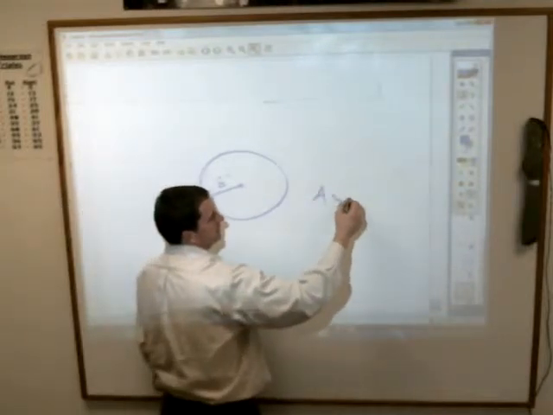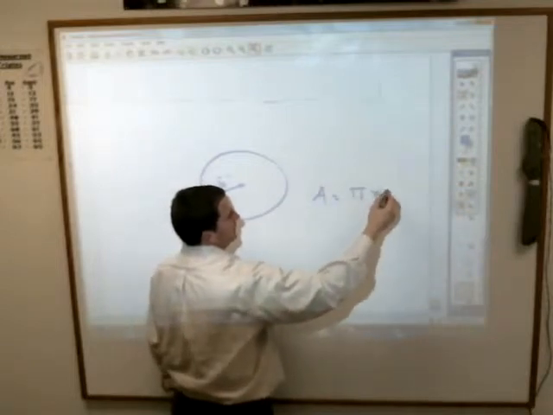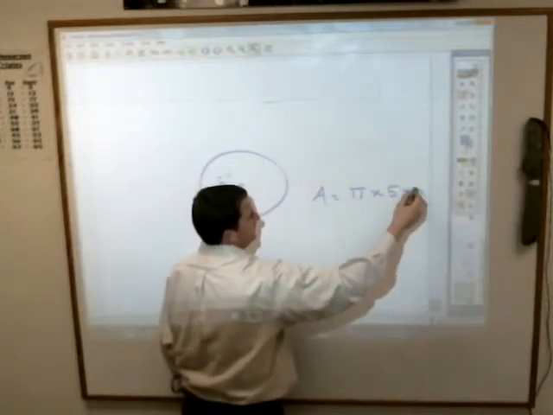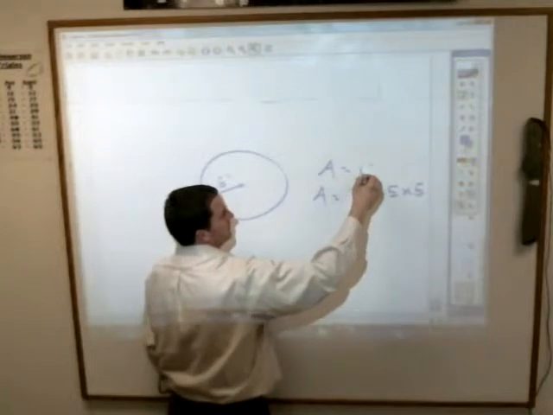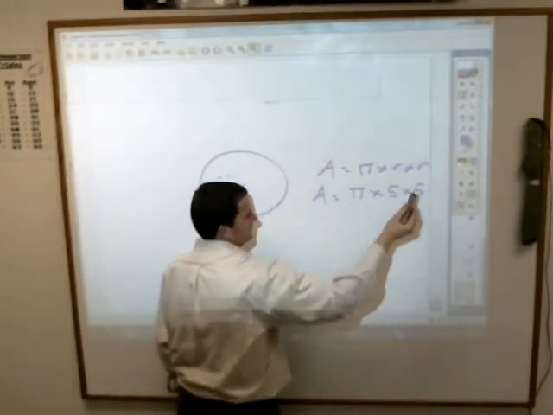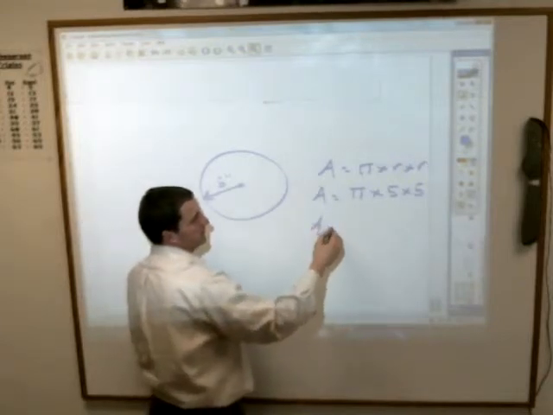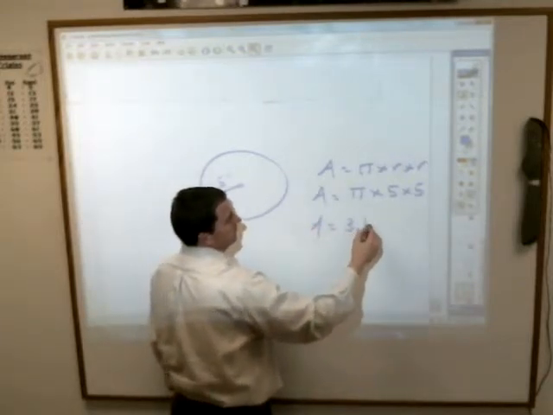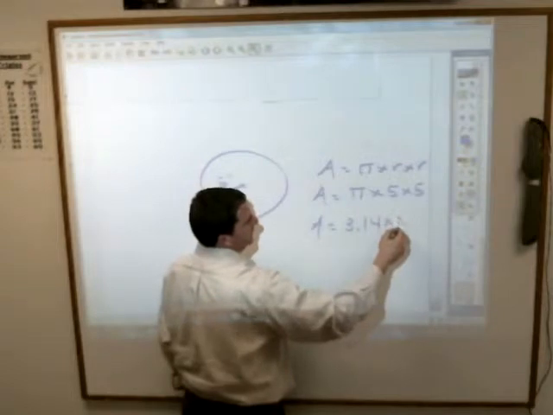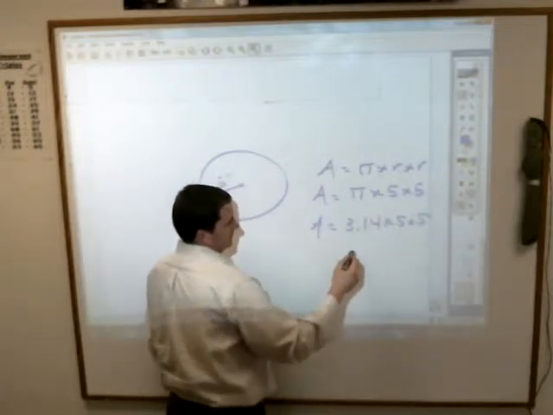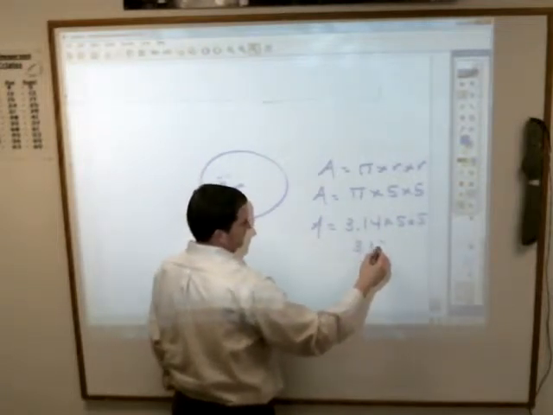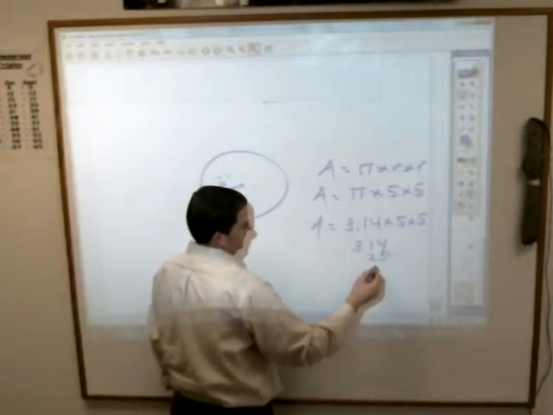Area equals pi times 5 times 5, because area equals pi times radius squared. And we know pi is always that number up there. Area equals 3.14 times 5 times 5. So what is 5 times 5? 25.